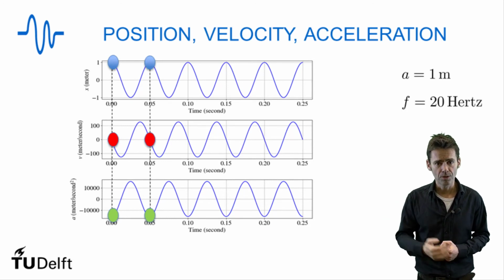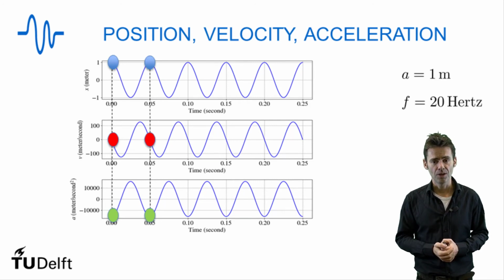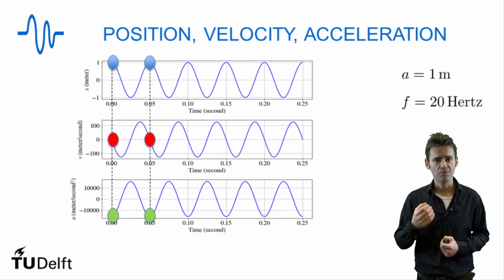One important point is that if the motion x is harmonic, then also the velocity and the acceleration are harmonic. The velocity is phase shifted with respect to the position, and the acceleration has the same phase as the position, but only inverted.